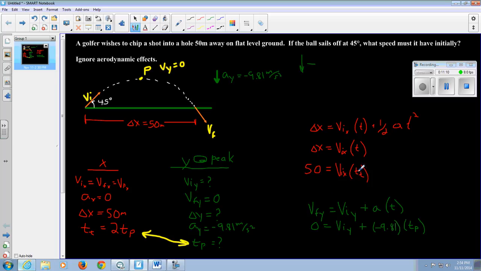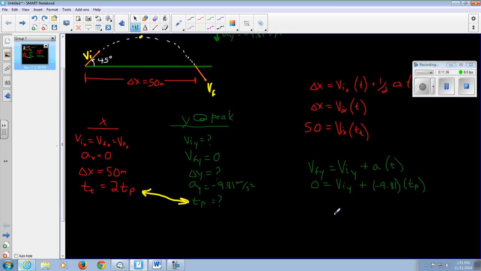what we have here is 1, 2, 3, 4 unknowns. And we only have 2 equations. So I can relate total time and get rid of the total time variable and put it in terms of time to peak, TP. And the way I would do that is substitute in 2 times time to peak. You're left with an equation that looks like this.